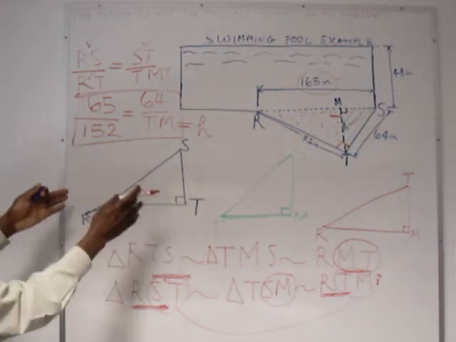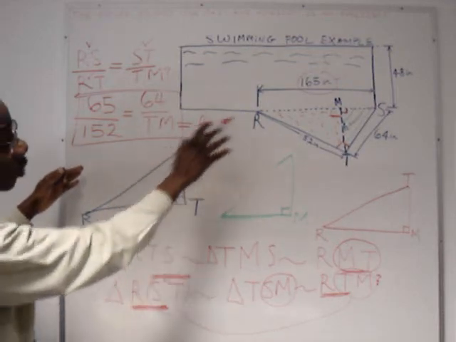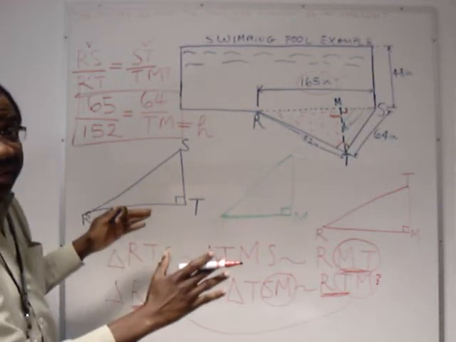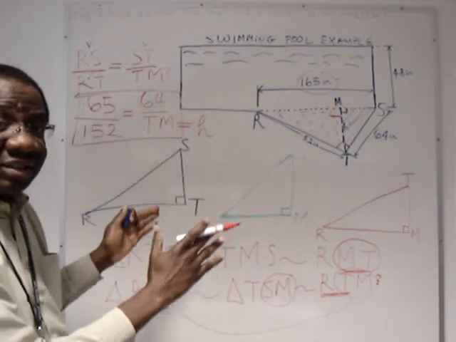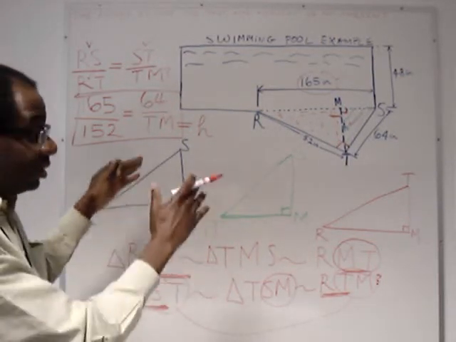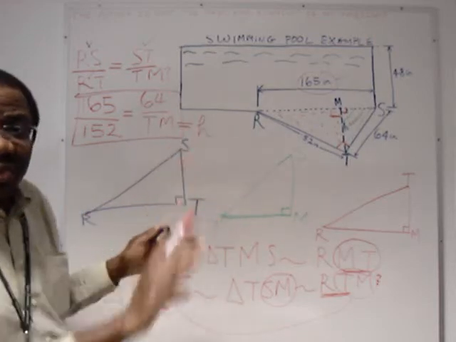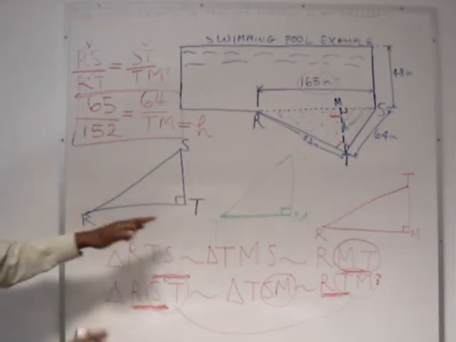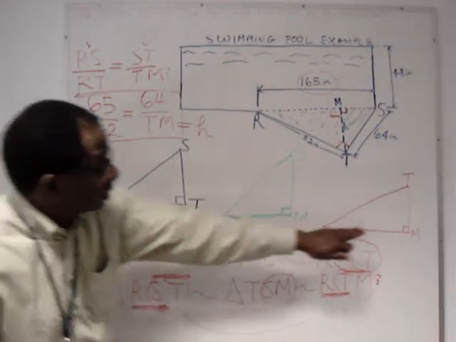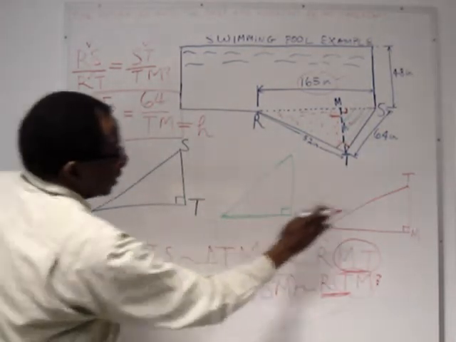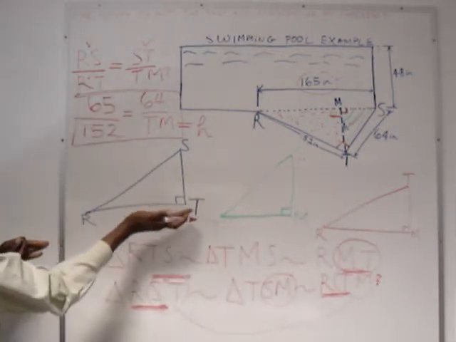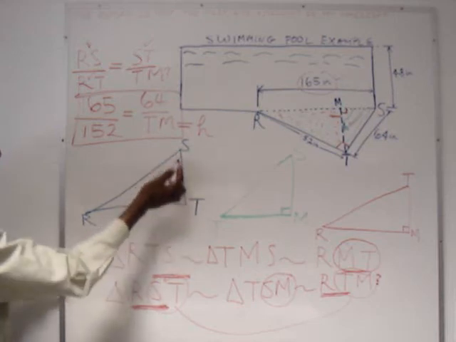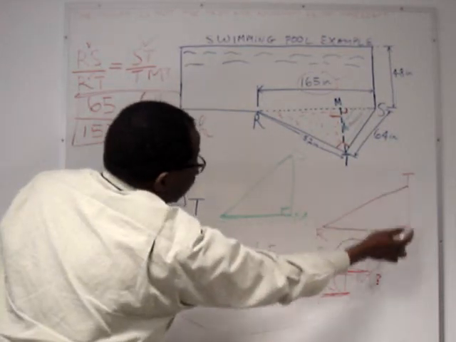You want to orient all the triangles the same way. That way the ratios of the segments will be easier for you to identify. So we position all the right angles on our right, and make the vertical leg the short leg in each triangle.